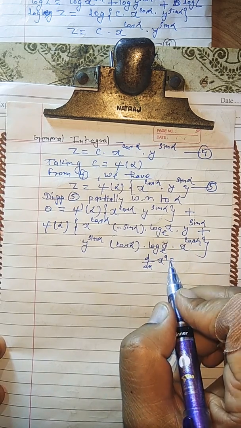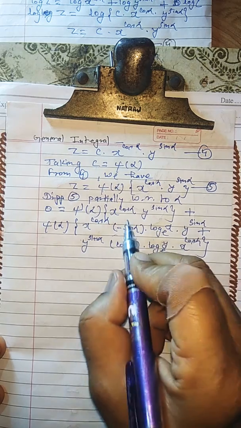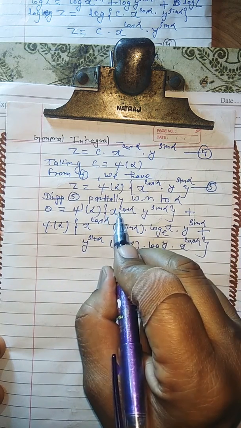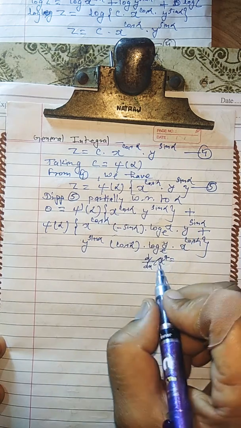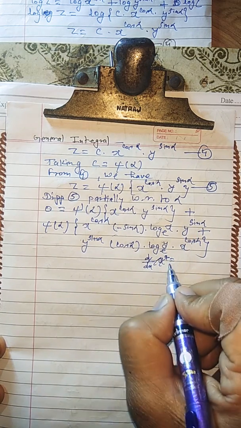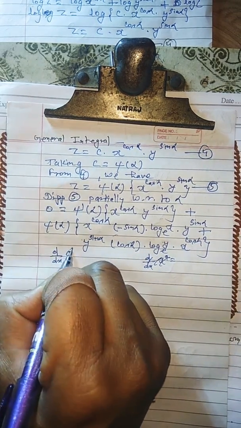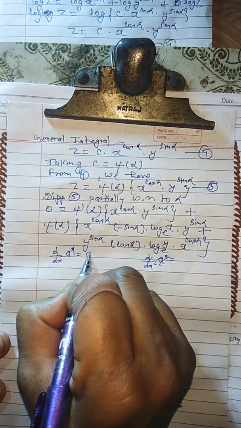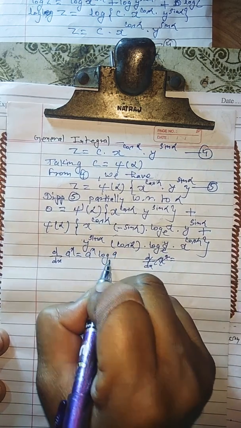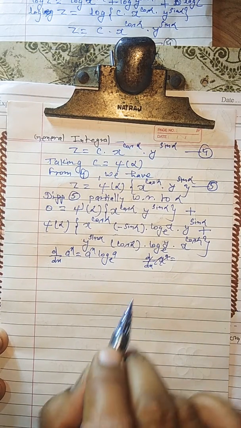Differentiation of a to the power x is a to the power x log a to the base e.